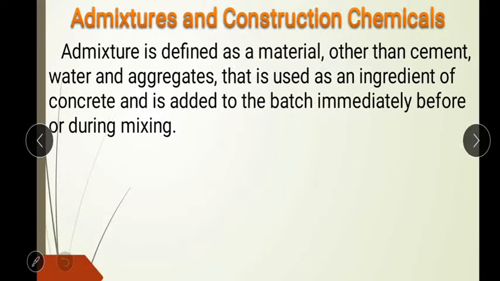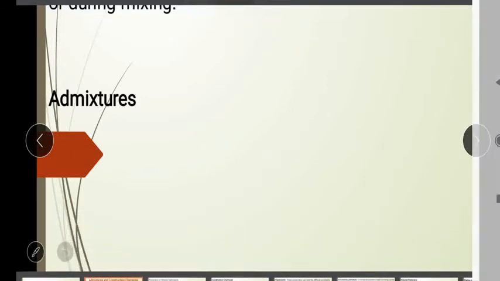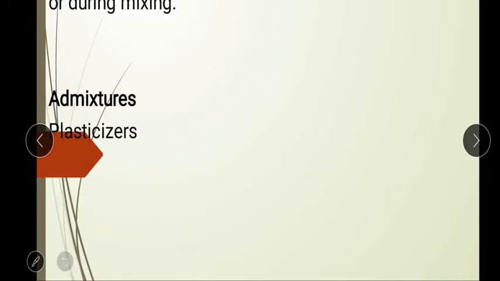So adding some mixture to the existing concrete of cement, coarse aggregate, fine aggregate and water, that is the addition of some extra material to the concrete without disturbing its original properties, so it may not affect the compressive strength or the existing property of the concrete. So that is the admixture.